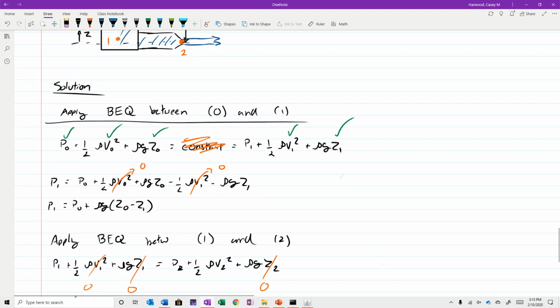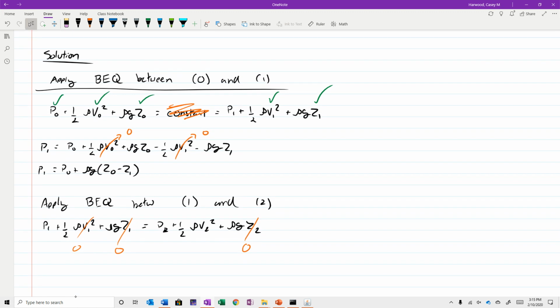Here's another piece of important information for when you're solving problems involving the Bernoulli equation, is that the pressure inside of what we call a free jet, okay, is always equal to the ambient pressure around it, the ambient surrounding pressure.